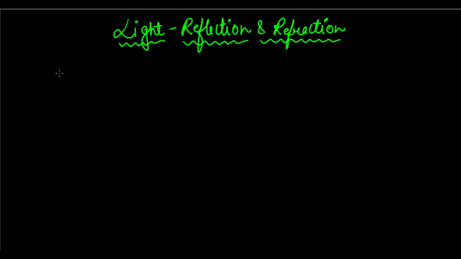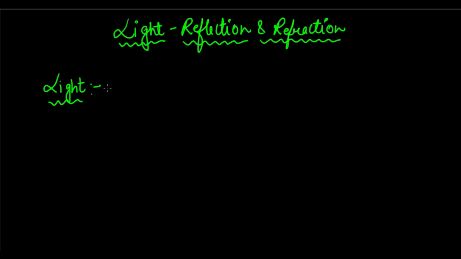First of all, let us look at light. How can we define light? How can we give a definition for light? In scientific terms, light is basically a form of energy. It is a form of energy which is invisible and can have wave nature or particle nature.